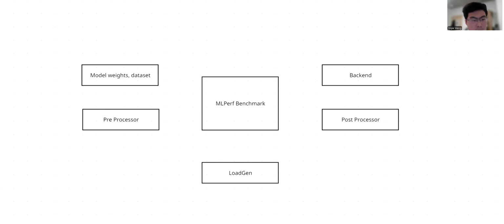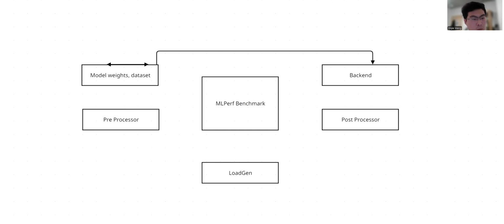So now we have our components. How does the measurement process work? First we need to load our model weight into the backend. Then our backend has the loaded model that's ready to do the inference.